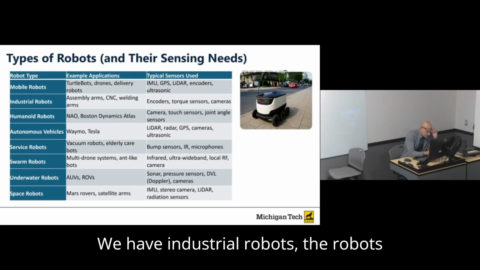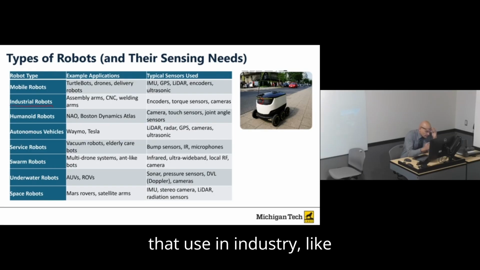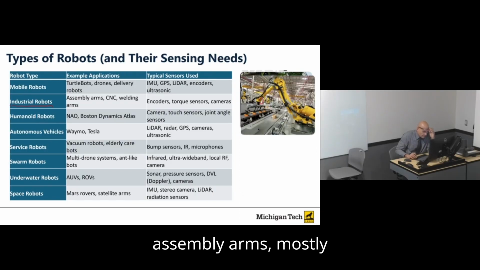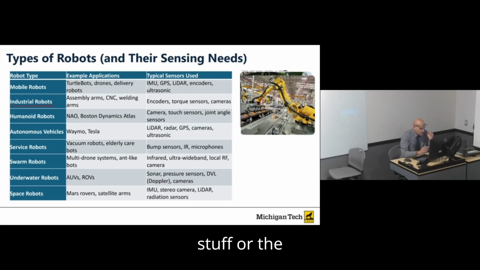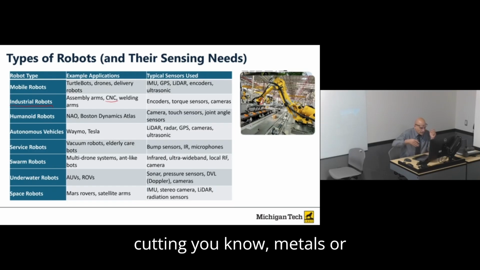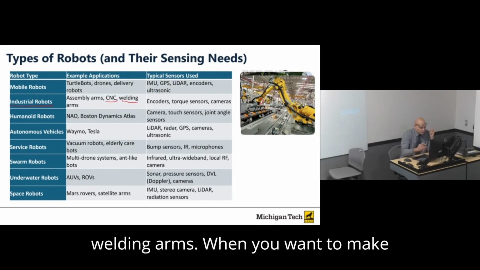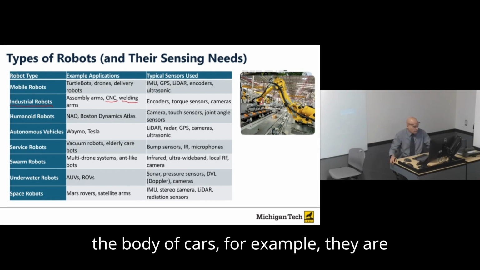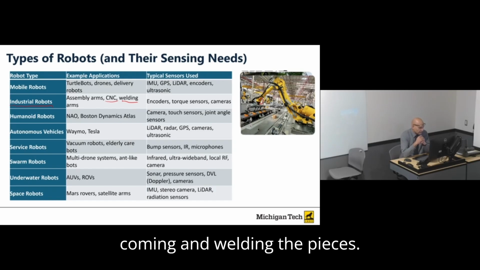We have industrial robots, the robots used in industry, like factories, for example, assembly arms, mostly used for carrying heavy stuff, or the CNC machine for cutting metals, or welding arms. When you want to make the body of cars, for example, they are coming and welding the pieces.